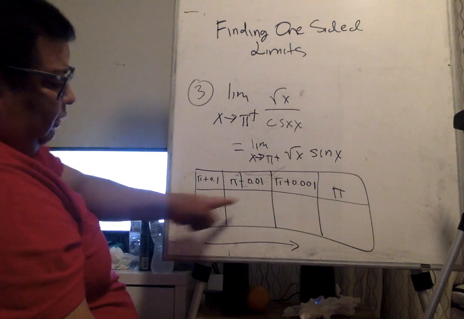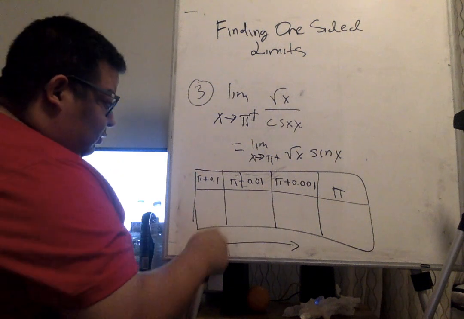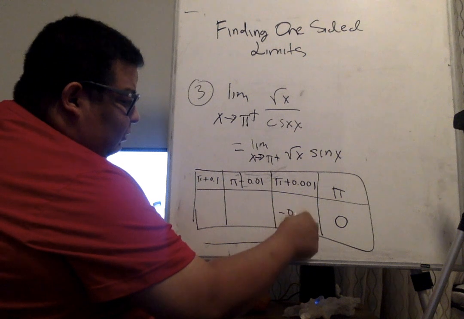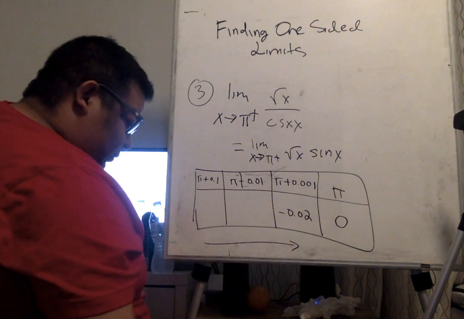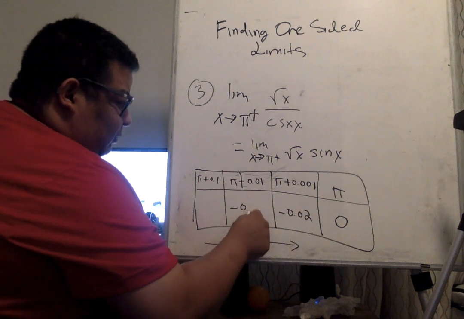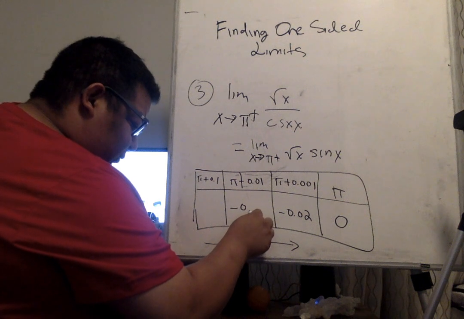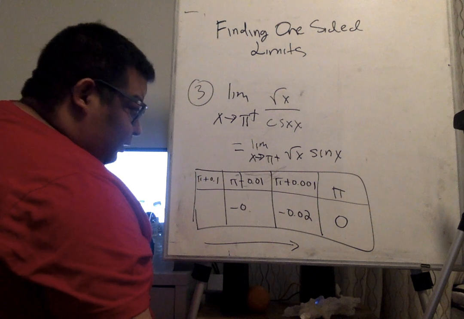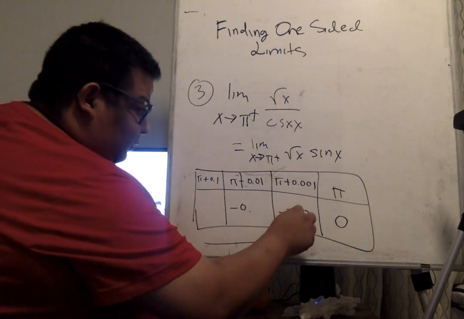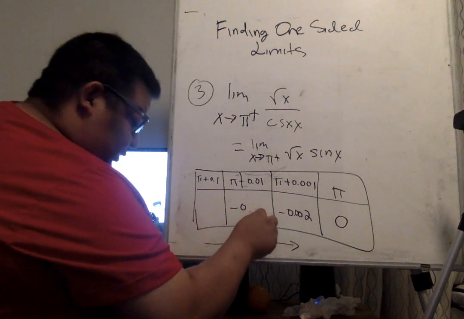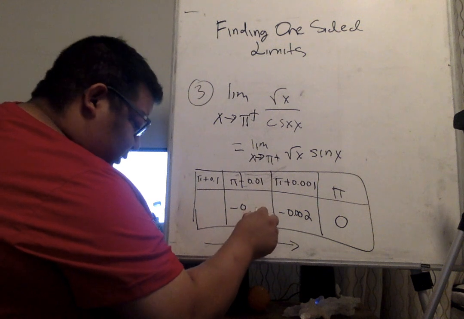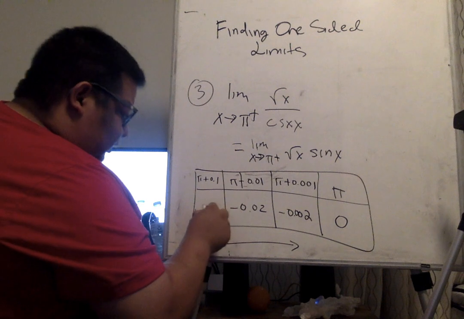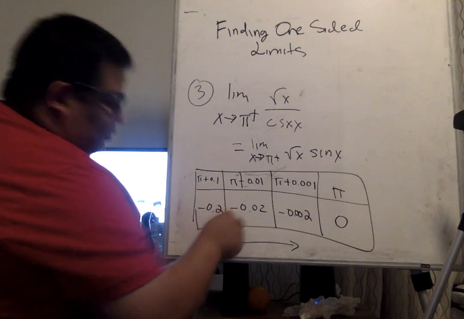So what do we get here? Well, let me give it to you. Here you're going to get about 0.02, and then here you're going to get 0.002, and then here 0.0002.